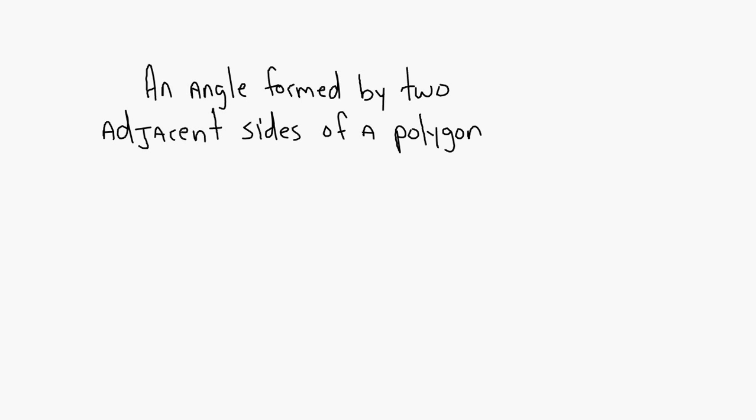An angle formed by two adjacent sides of a polygon is called an included angle.